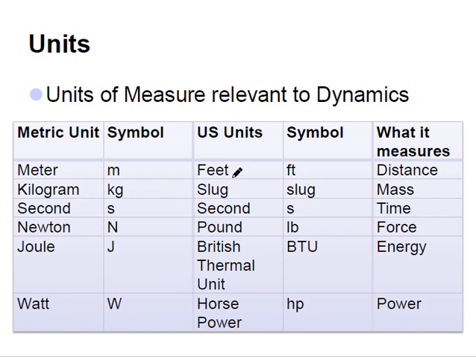In the US, of course, we use the customary system. We use feet for distance, slugs for mass, and of course seconds for time. For force, we have Newton in the metric system and pound in the US system.